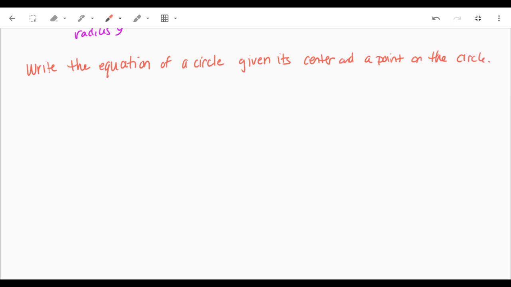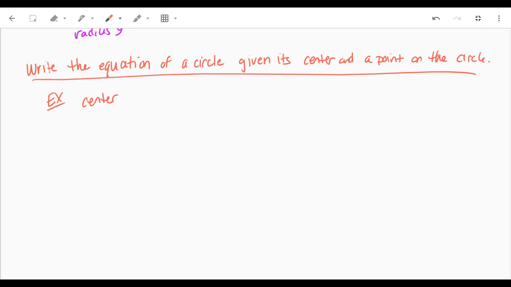An example of this one is we have the center at -3, 3, and it passes through the point 6, -4. So the center is at -3, 3, and it passes through 6, -4.